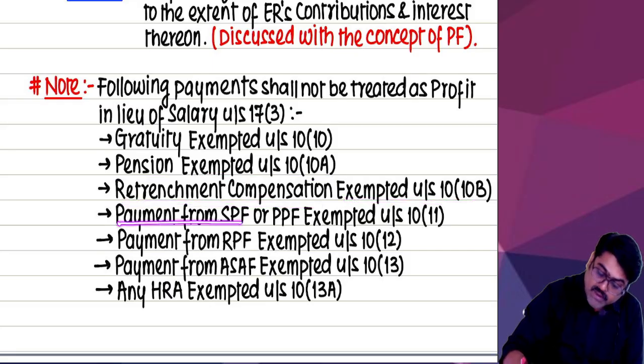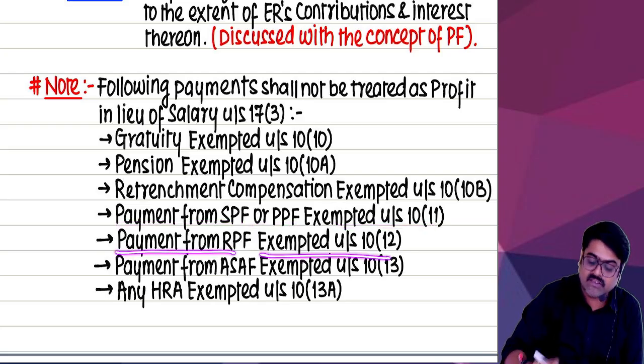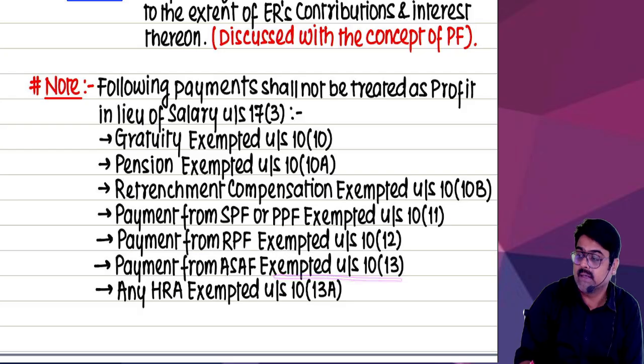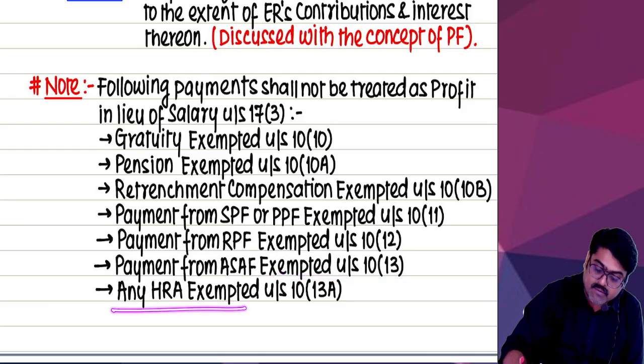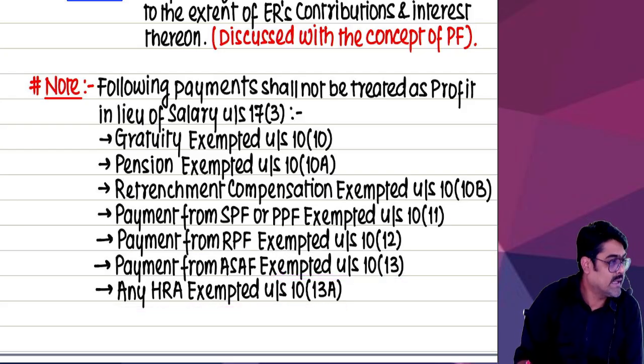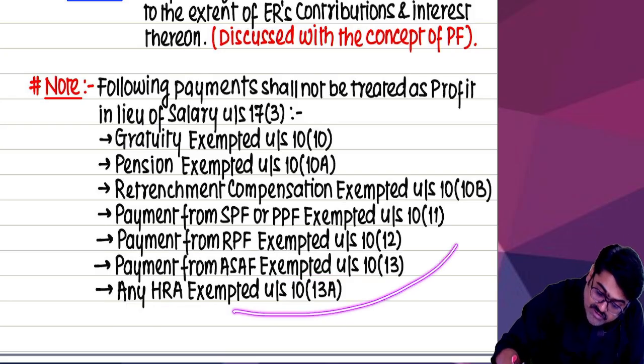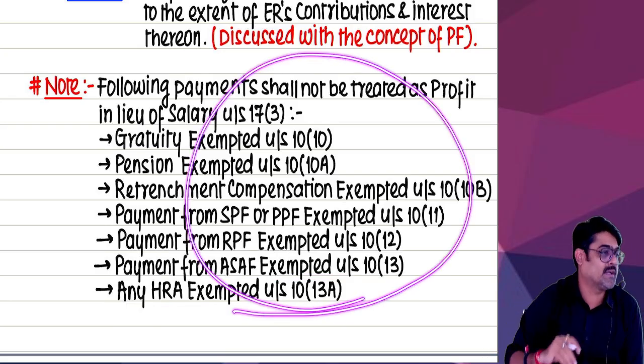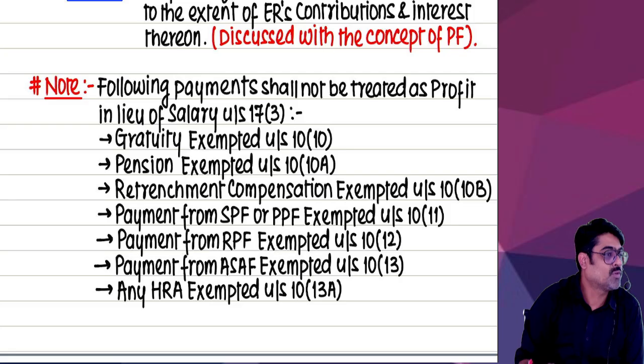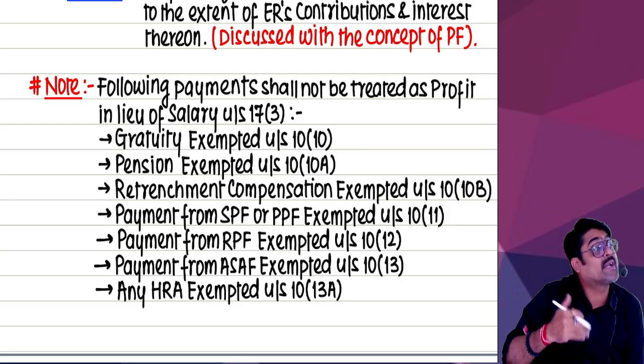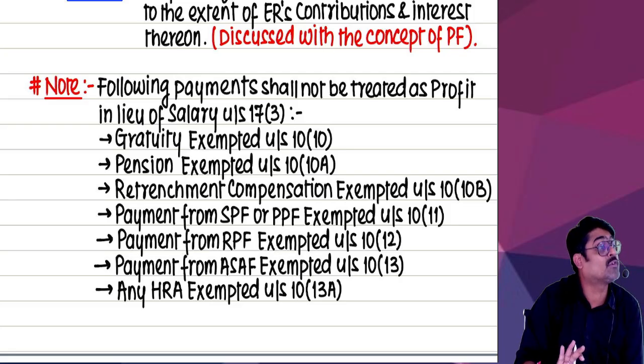Payment from SPF or PPF, exempted under section 10(11). Payment coming from RPF, which is exempted under section 10(12). Payment from approved superannuation fund, which is exempted under section 10(13). Any HRA, which is exempted under section 10(13A). These amounts are exempted under these sections. So don't consider these amounts which are exempt under these sections as your profit in lieu of salary.